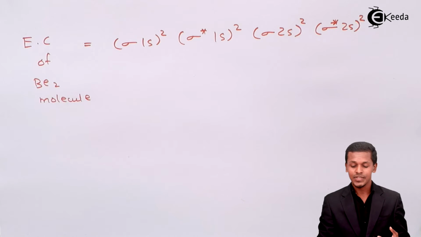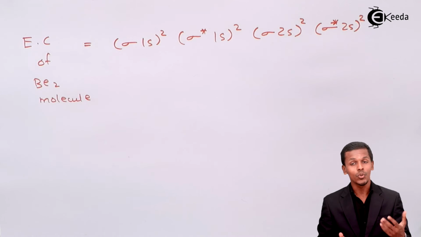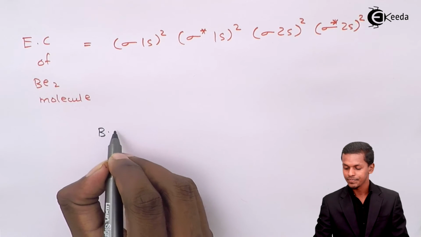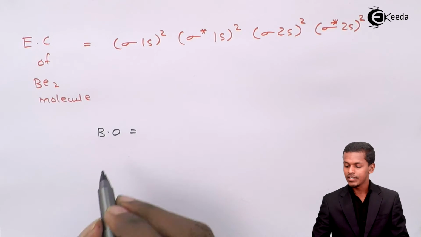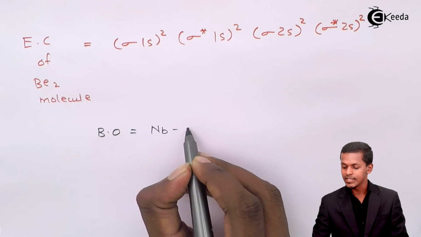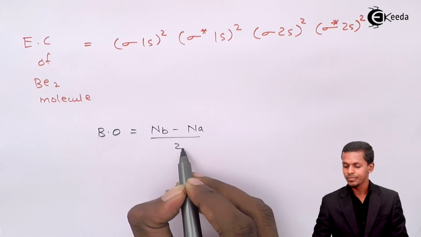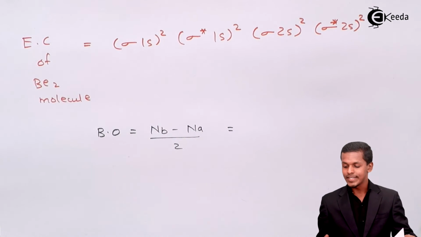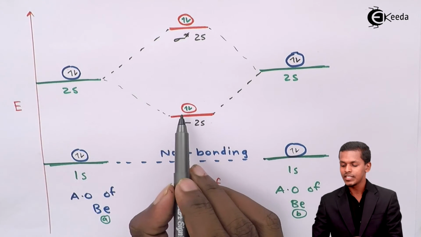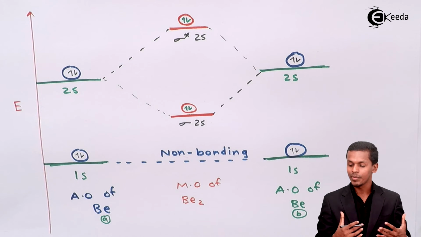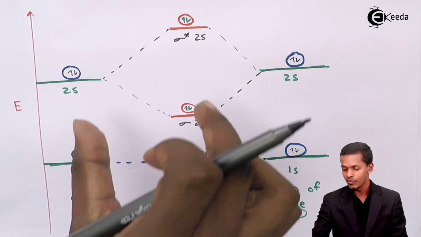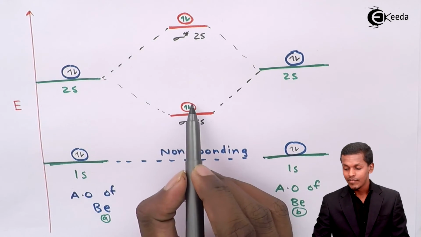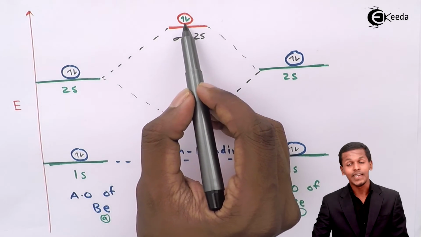And the next thing we have to do is give the bond order, and we know that the bond order is nothing but NB minus NA divided by 2. So in this case, the total number of electrons in the bonding molecular orbitals is 2, while the anti-bonding orbitals also have 2.